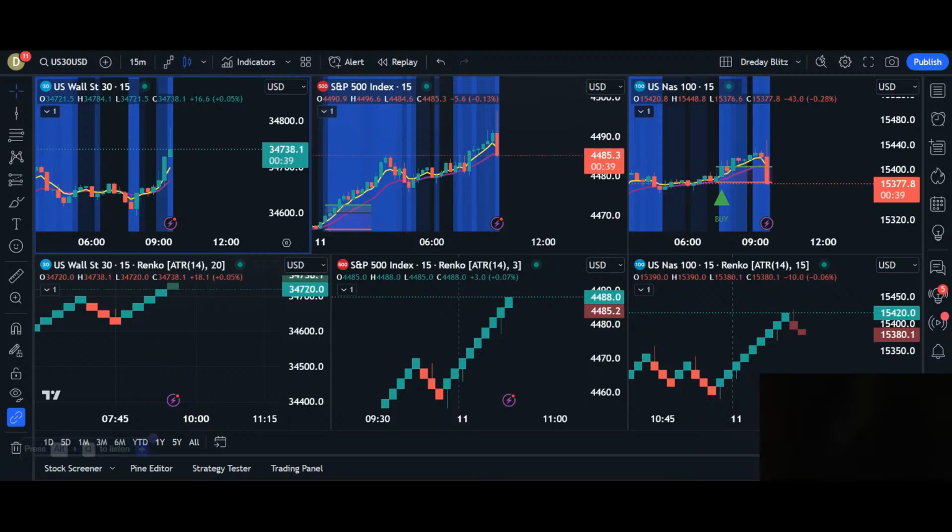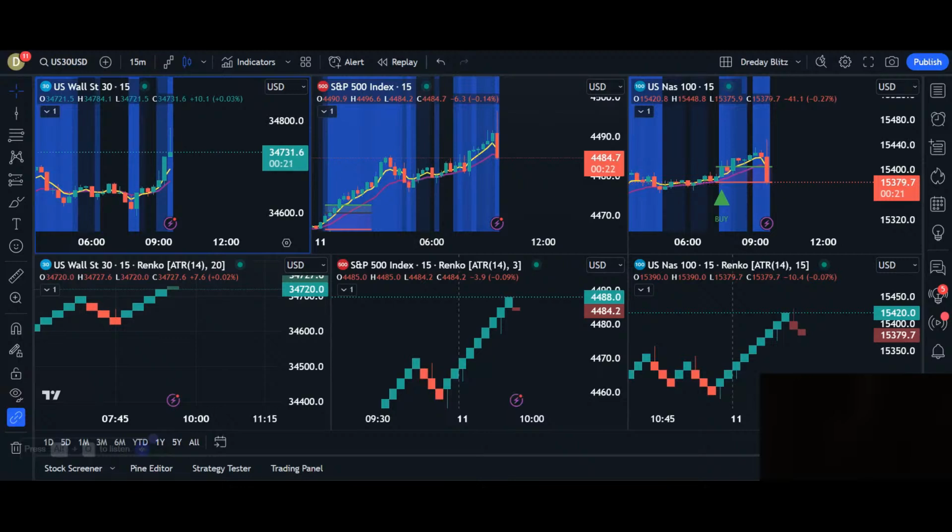All right, so now we are less than 1 minute to 9:45. So we did see a push down on S&P 500 and Nasdaq.